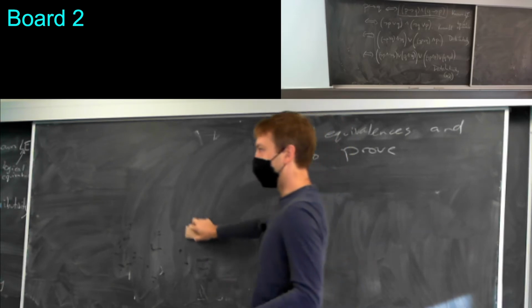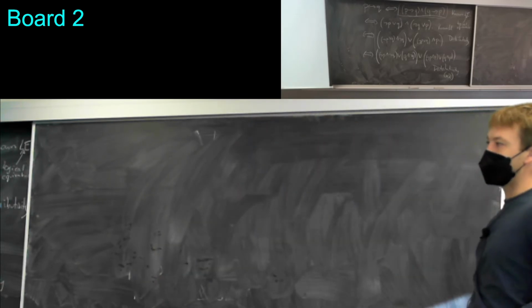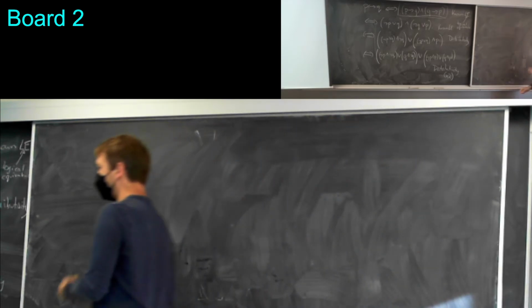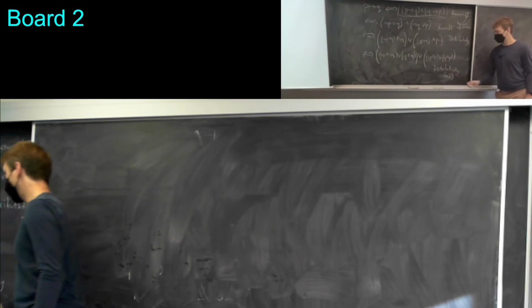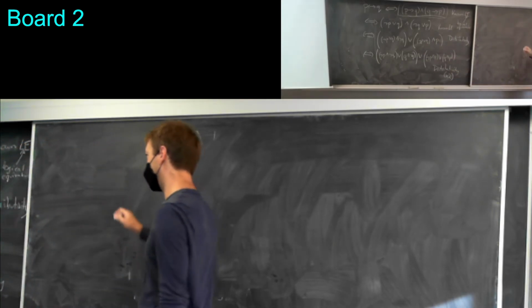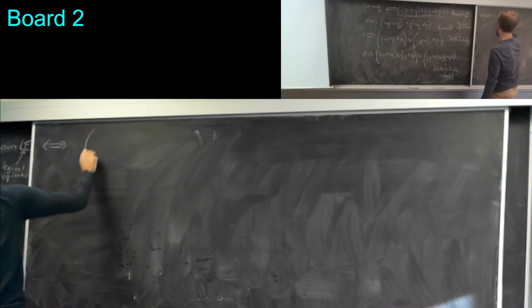So now I've got a bunch of contradictions in here, right? So as my next step, what I'm going to do is I'm just going to replace them with zeros, like a bold 0. I don't know exactly how to draw that, but that's my bold 0.